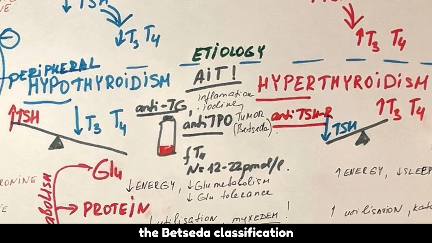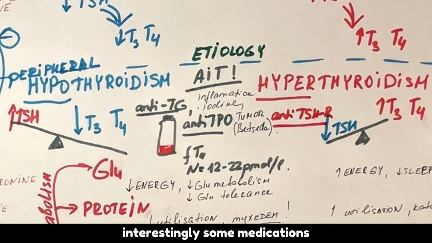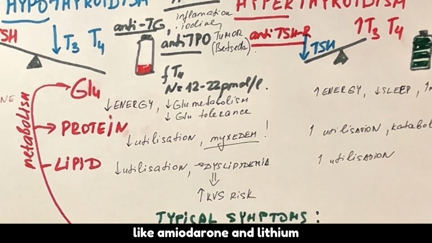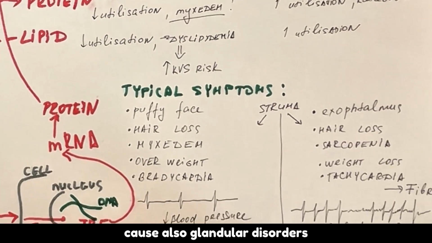The Bethesda classification distinguishes between these types of tumors from stage 1 to stage 6. 6 is the worst type of malignant tumor. It can cause local problems or alter hormone production. Interestingly, some medications like amiodarone and lithium also cause glandular disorders.